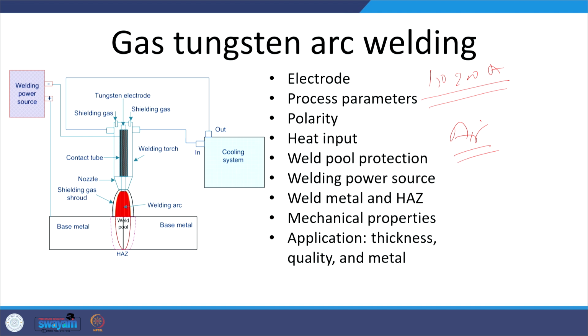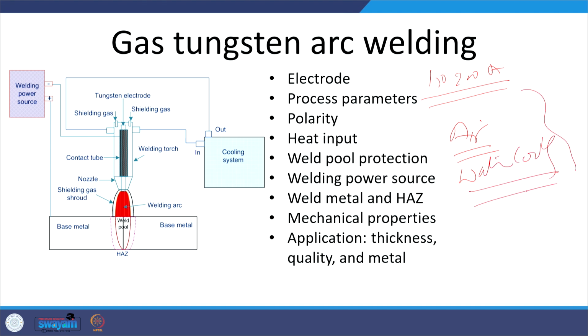But if we are using higher current, then higher current causes electrical resistance heating of the electrode apart from the heating of the electrode from the arc. To maintain the temperature of the electrode within safe limits, water cooling is used.